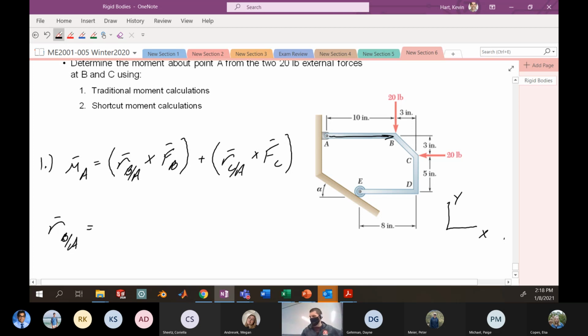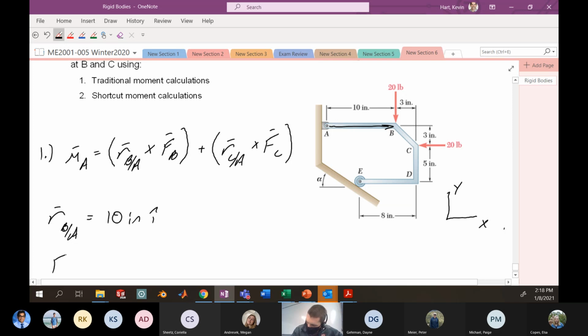All I need to do to get to B from A is 10 inches in the i direction. My force at B is 20 pounds, and that's going downwards. So this will be negative 20 j hat pounds.